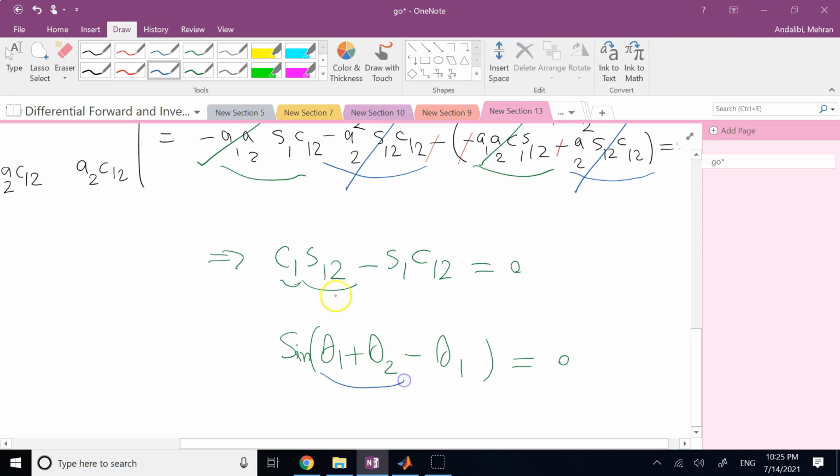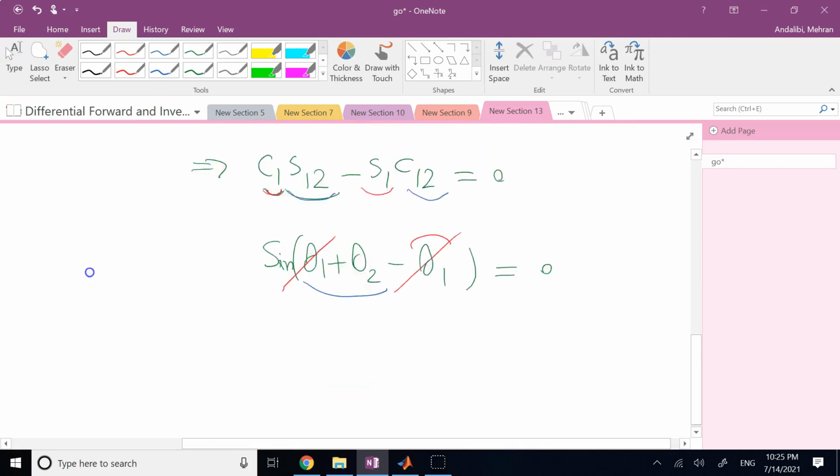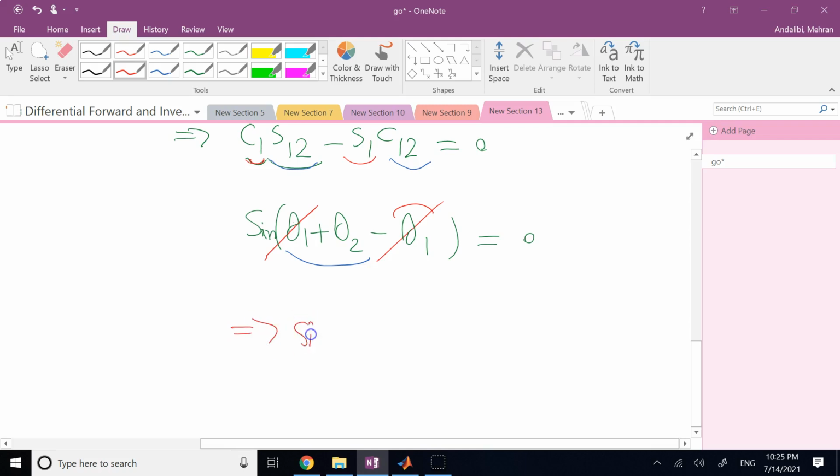So this one is the argument for 1, 2, and this one is the argument for 1. These guys go away, and you get sine of theta 2 equals 0. And guess what? The answers are theta 2 equals 0 or theta 2 equals pi.